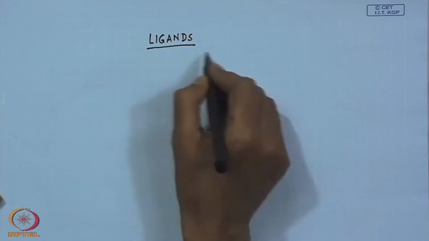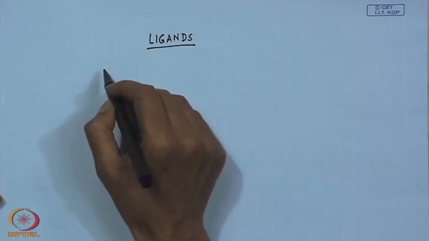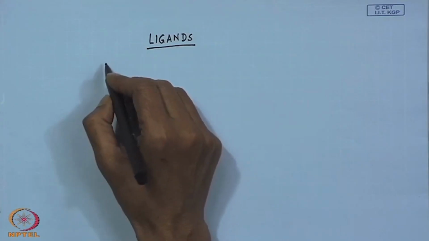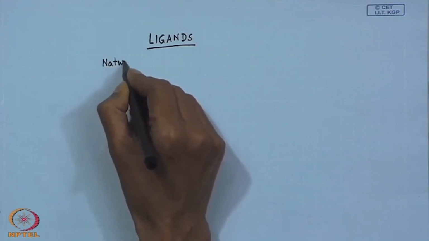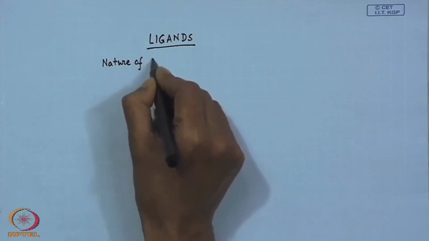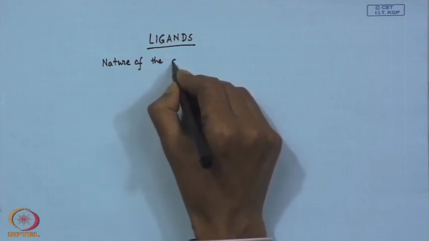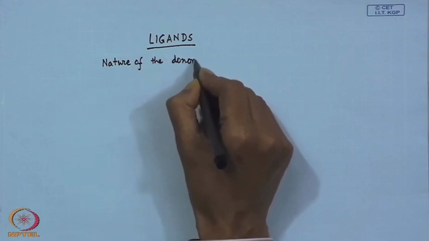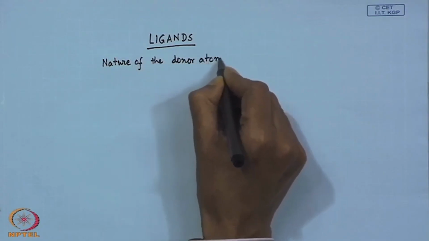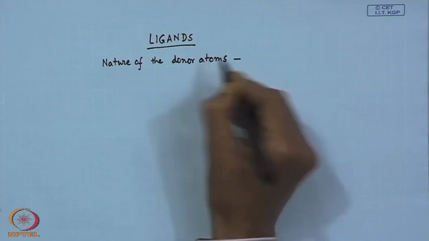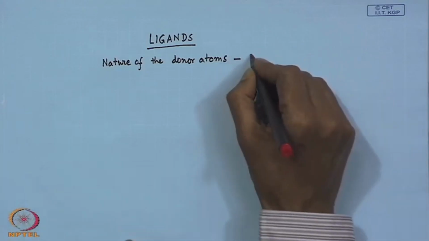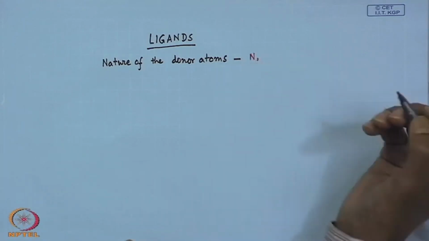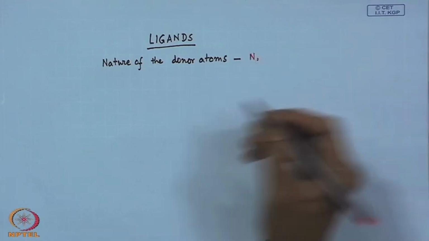Now we will see that these ligands can be further classified in terms of the nature of the donor atoms, which is very important. So, we can have these nitrogen based donor atoms.